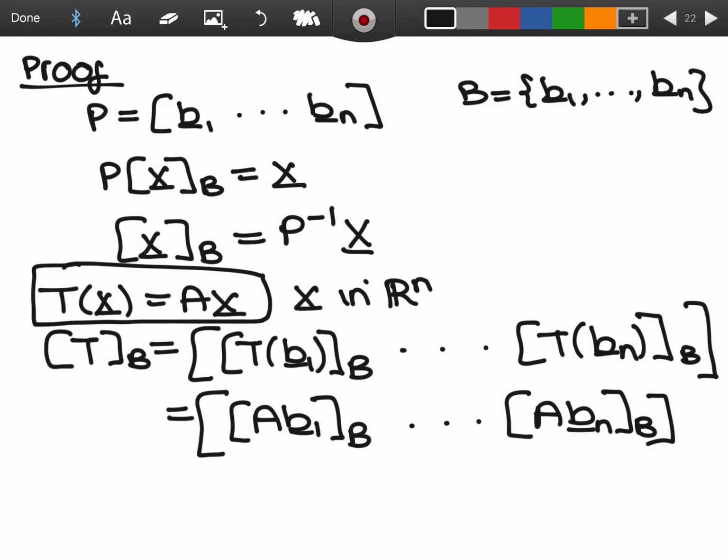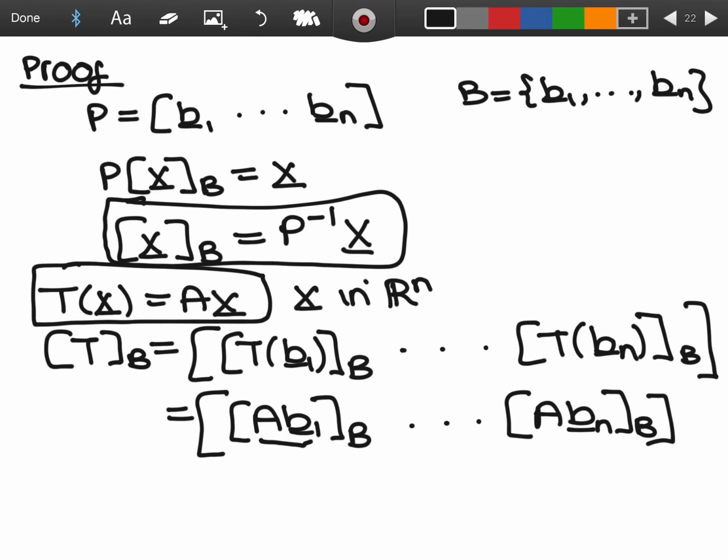Now, I know that A times a vector is going to be another vector. I've got an n by n matrix multiplying an n-dimensional vector, so this is just going to be another vector with n entries in it.